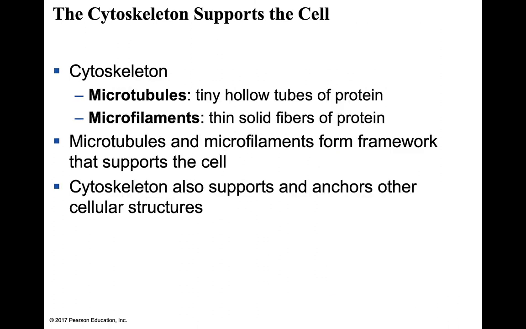Now, cytoskeleton is made up of microtubules and microfilaments. So microtubules are these tiny hollow protein tubes, and microfilaments are solid fibers of protein. Together, they form that cytoskeleton and the cellular support network. Also, one of the things that the microfilaments are going to do is help support and anchor organelles within the cell itself.